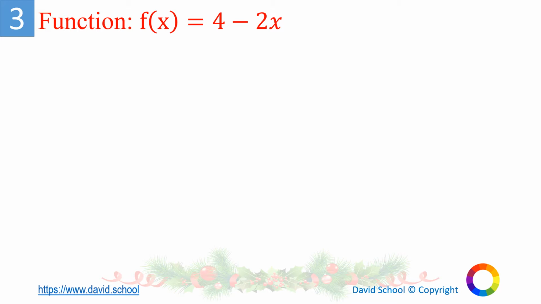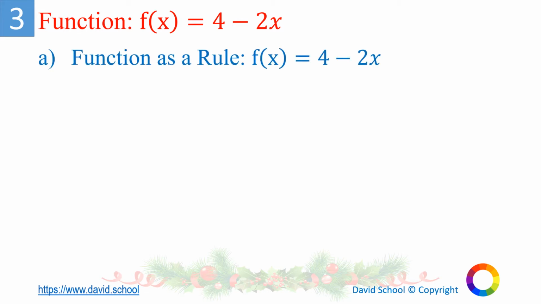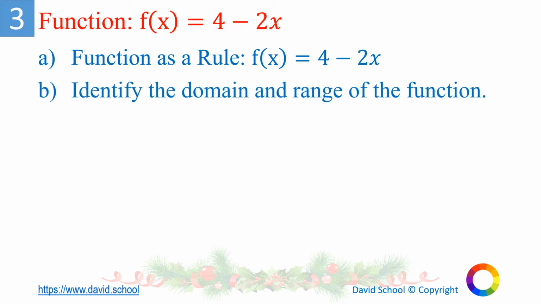Now let us represent a function using a table, graph, mapping diagram, and a rule. The function f of x equals 4 minus 2x. This function is a continuous function, therefore the domain is all reals.